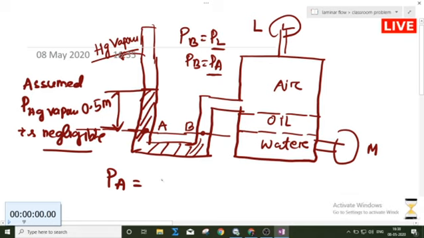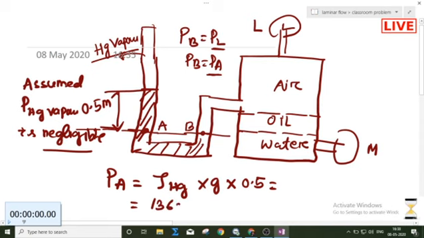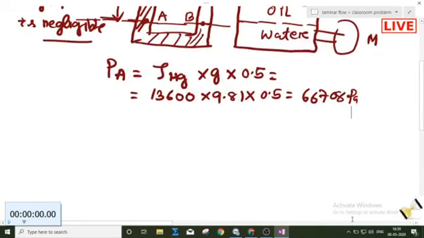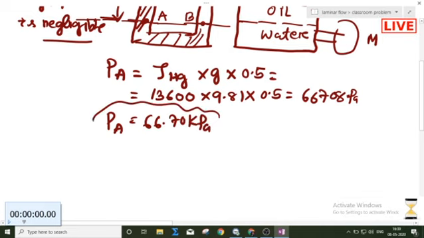So now the pressure at point A is the density of mercury times g times 0.5 meter. This is 13,600 times 9.81 times 0.5. This comes out to be 66,708.8 Pascal. Converting into kilopascal, the pressure at point A is 66.70 kilopascal.